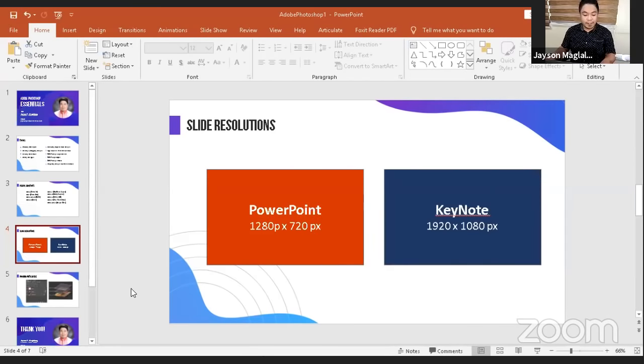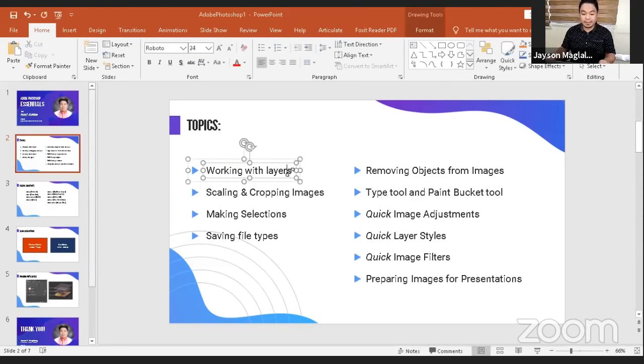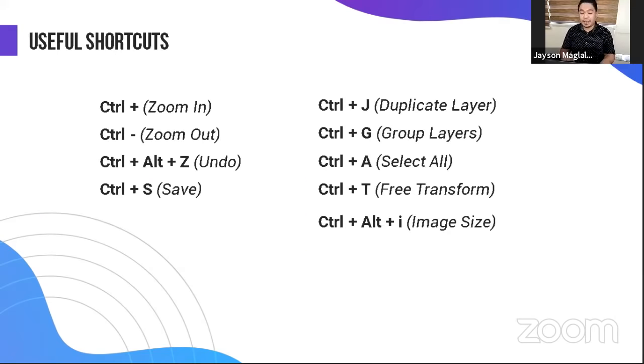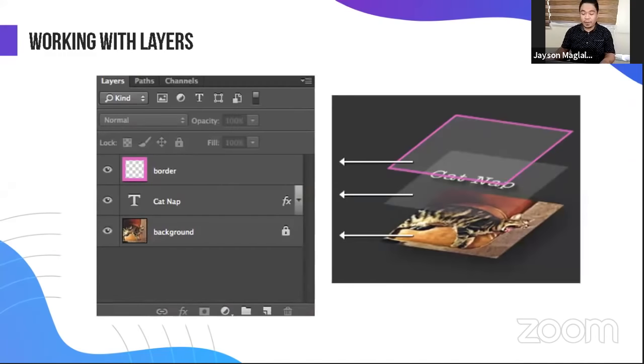First, with my topics is working with layers. So I'll start with working with layers. And what are layers in Photoshop? Just a short overview. In Photoshop, there is a layers panel.